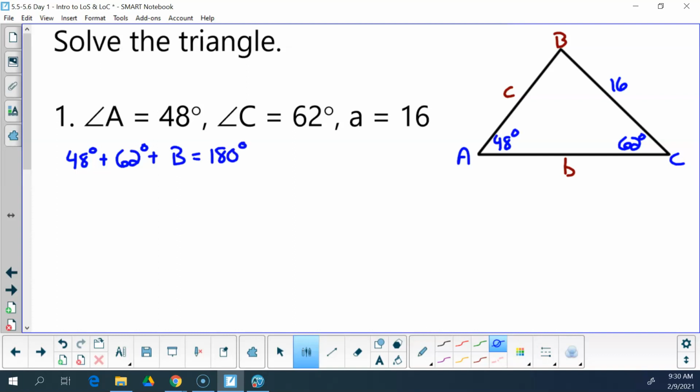So that is 110. Yep, 110. Is 180. So I get angle B has to be 70 degrees. Agree? Love it.